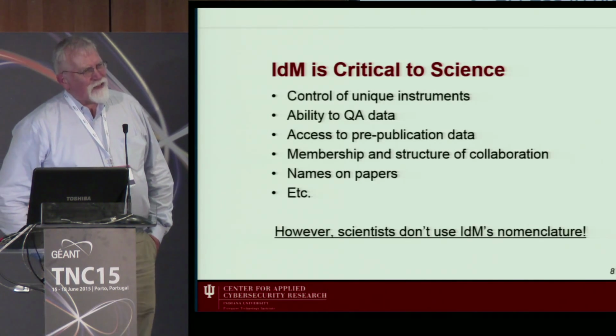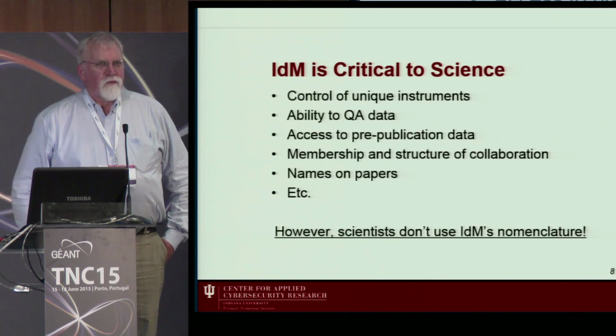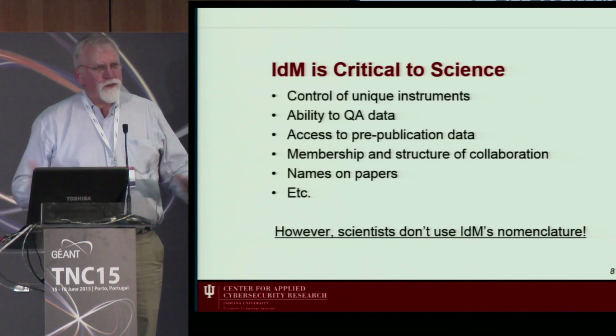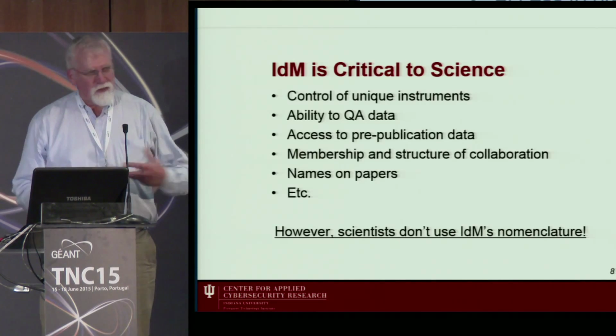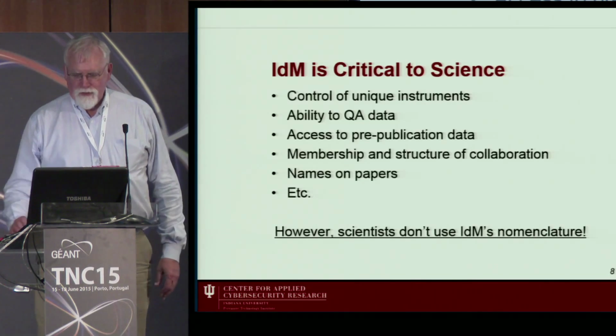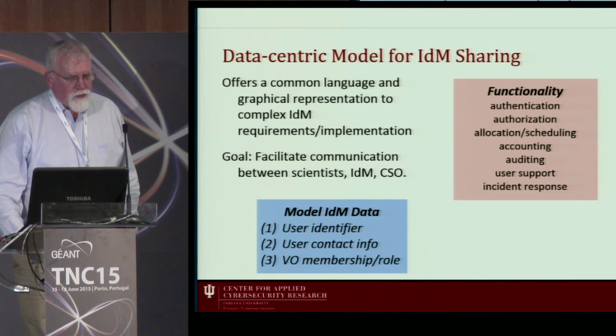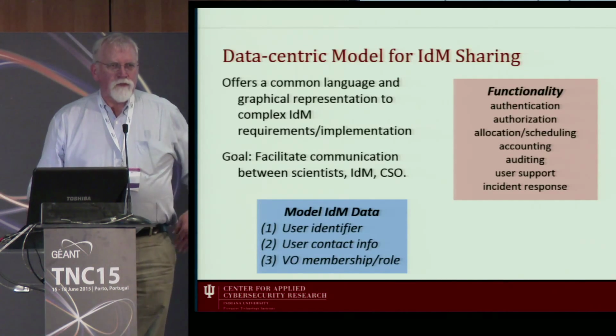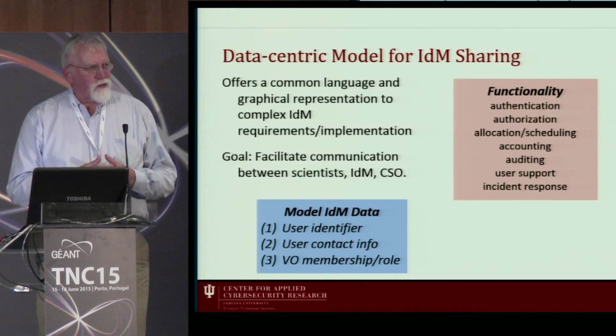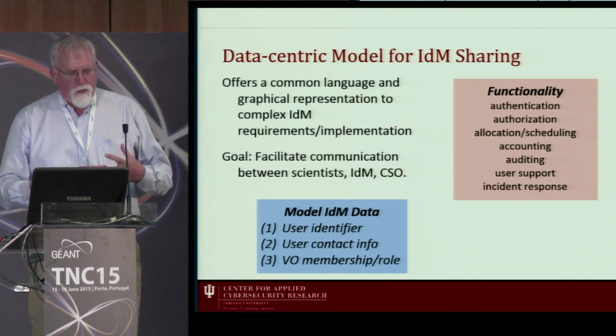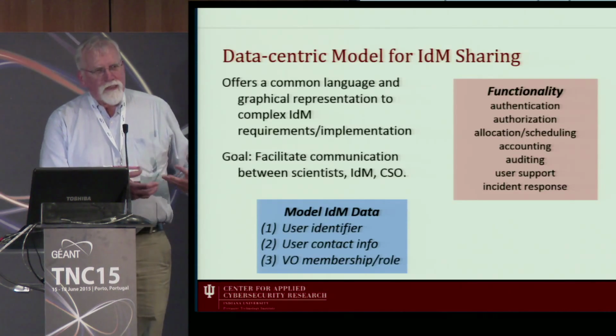However, the scientists don't understand how to talk to the security people about it, and the security people don't understand how to talk to the scientists about identity management. One thing that we came up with to try to resolve this was a way of discussing what is involved here.